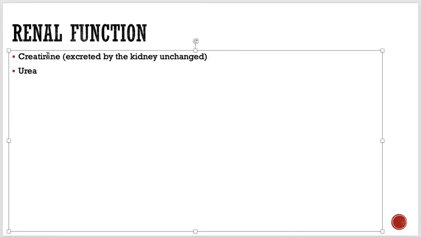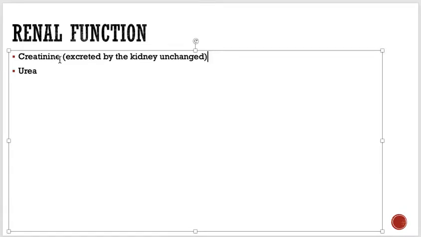But there are many problems with this. For example, someone who has more muscle mass produces more creatinine, and someone with less muscle mass produces less. That's the problem. If you have done Guyton, when they explain GFR, they explain inulin, which is a polysaccharide.